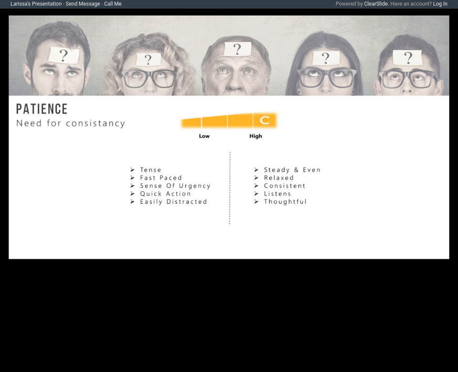Okay, so patience. High patience is our steady, even, relaxed. They're very consistent because this is the need for consistency and stability, right? This is, I have the ability to focus in on a task or project, work it from start to finish, and really like approaching things that way. I tend to be a good listener, and I'm quite thoughtful because I'm approaching things from a slower, more even, relaxed place.